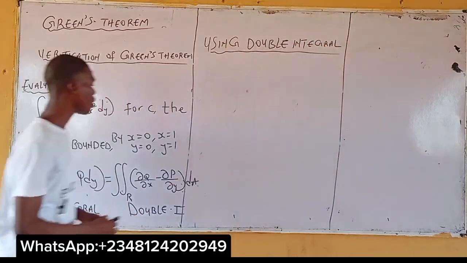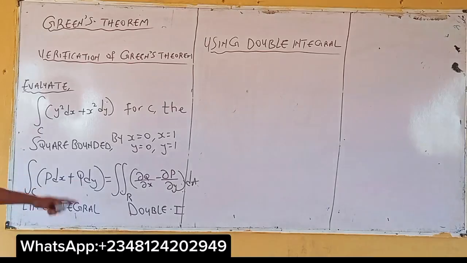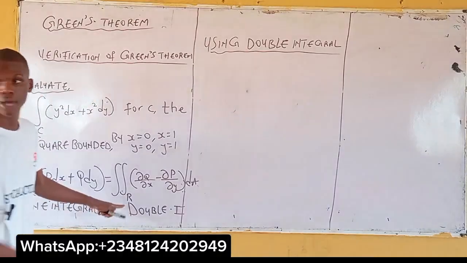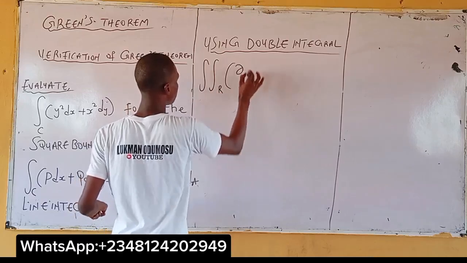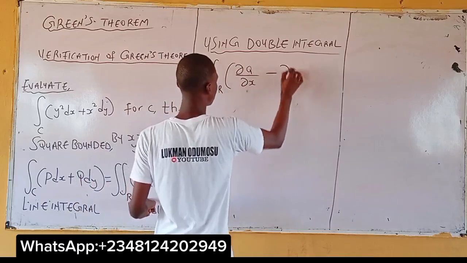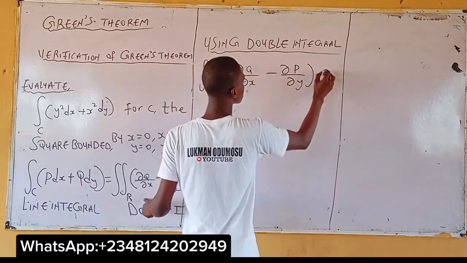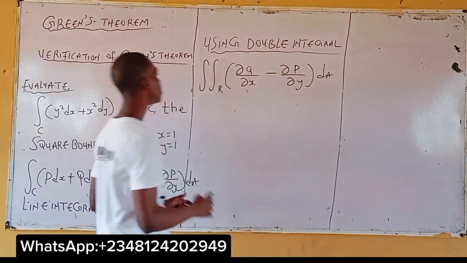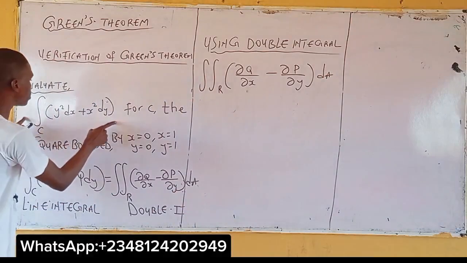From this general formula of Green's theorem, identify the formula for the double integral. Double integral over R of the partial derivative of Q with respect to x minus the partial derivative of P with respect to y, multiplied by dA. Now, this is the given question, right?